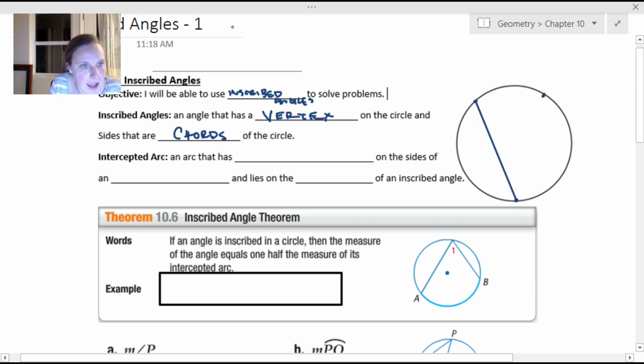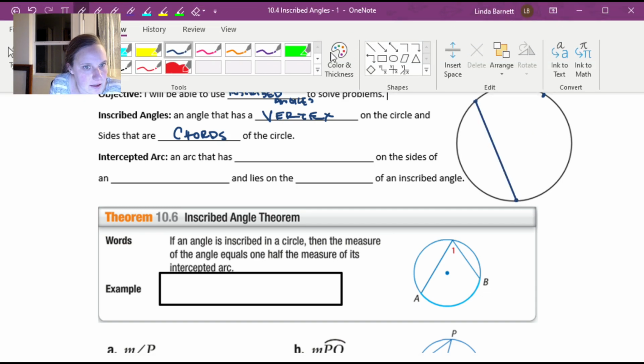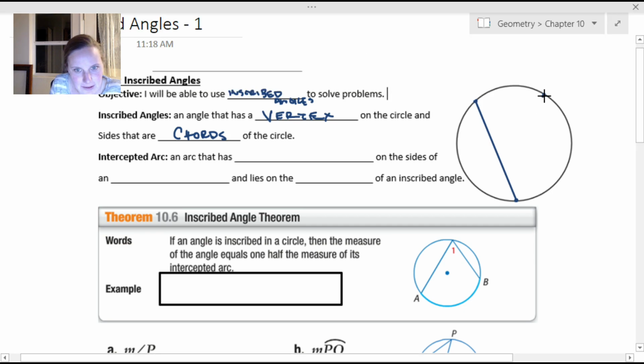Alright, so that would be an inscribed angle right there.